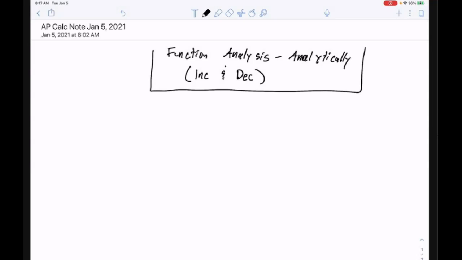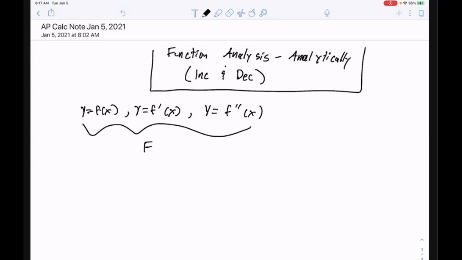I want to note that y equals f of x, y equals f prime of x, and y equals f double prime of x. These are all, first and foremost, functions. They are functions on their own.